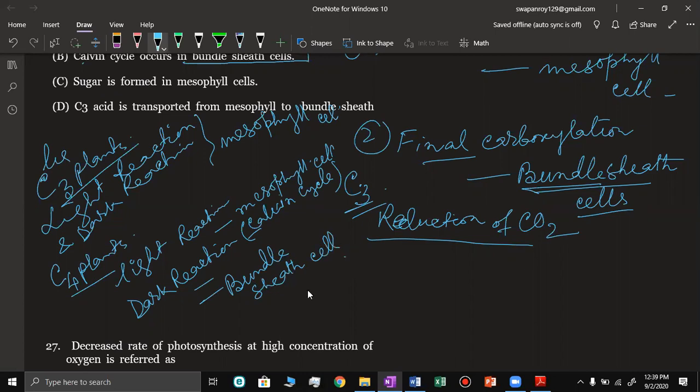So here in case of C4 plant, the light and dark reactions have been separated in two different types of cells.